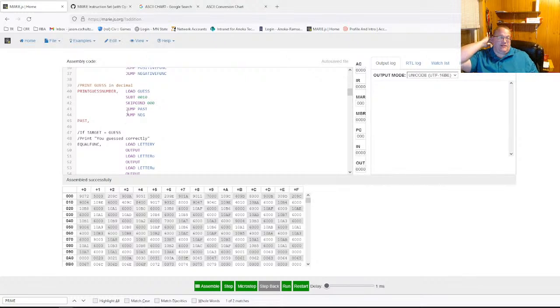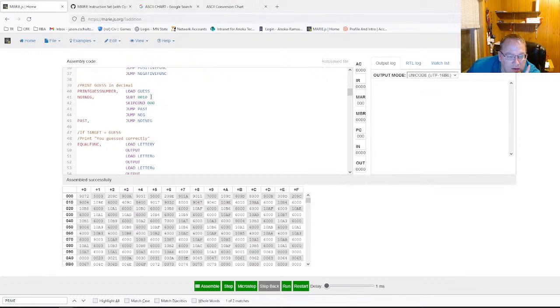If it's not negative, we want to go back to this, not neg. So we're going to jump to not neg. So that will continue to repeat until we get a negative result.